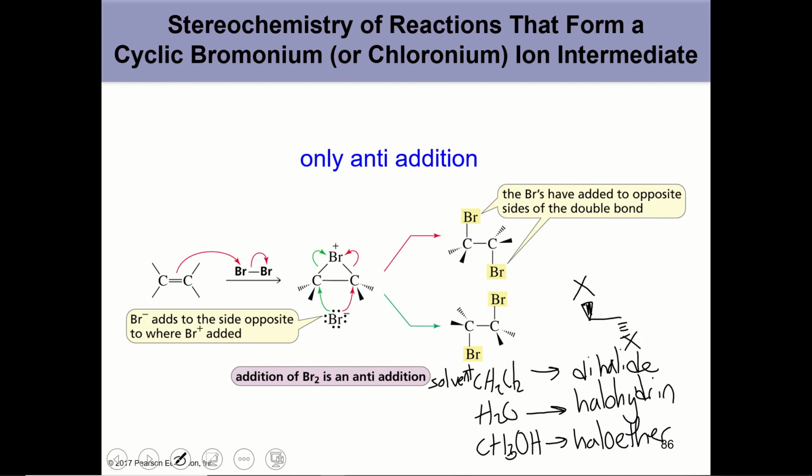For the halohydrin, you would be adding a halogen, for example, on a hatched wedge, while the hydroxyl group would have to be on a solid wedge, so that they're adding on different wedge types.